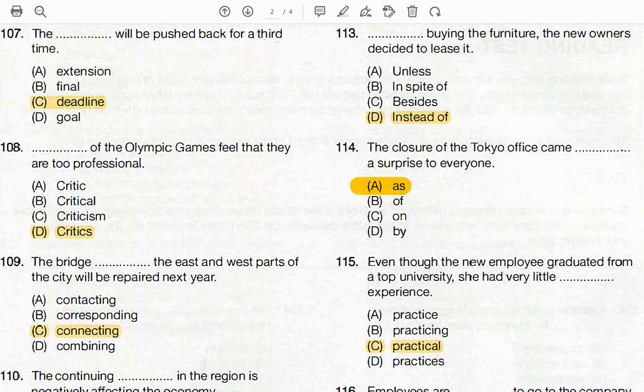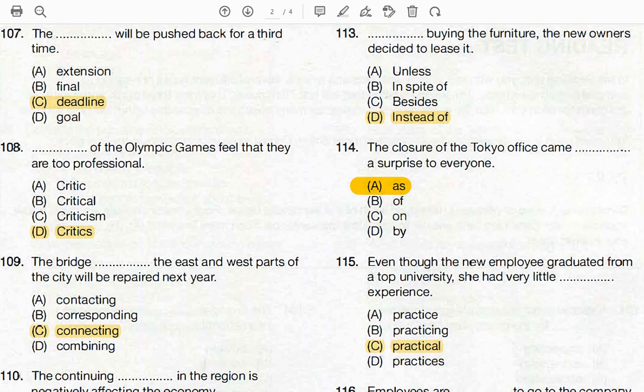A. Contracting doesn't make sense in the sentence. B. Corresponding, with the meaning of matching, is usually followed by with. So corresponding with should be a phrasal verb. D. Combining, meaning to integrate or join together, also is not meaningful in this sentence.